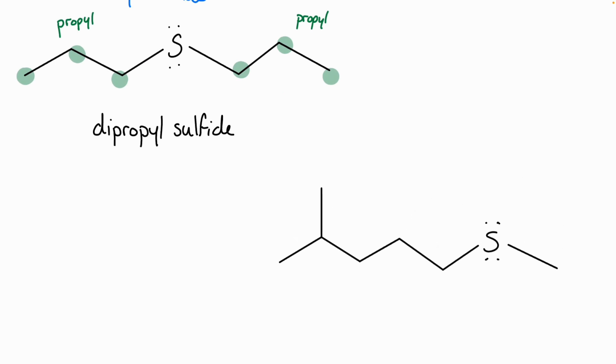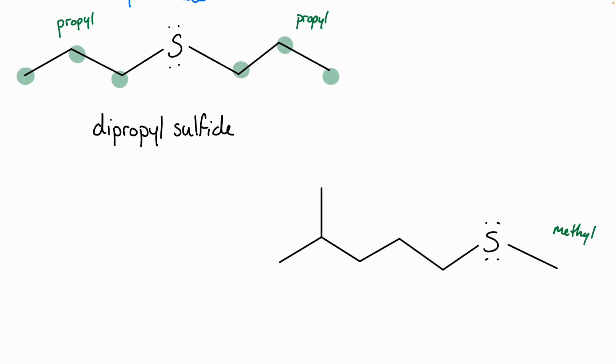Alright, so let's do the right half first, because this is the easy one. We have a methyl group over on this side. For this one here, these are one of these branched alkyl groups. What prefix do we use when there's a fork at the end? Iso, okay? And so I wanted to do this example just to stress that when we use our common names, the meth, the eth, the prop, the number of carbons designation refers to the total number of carbons that are in that group.